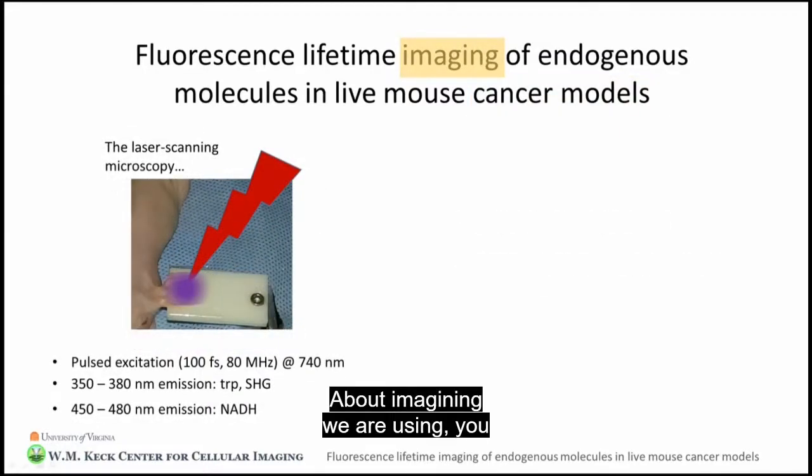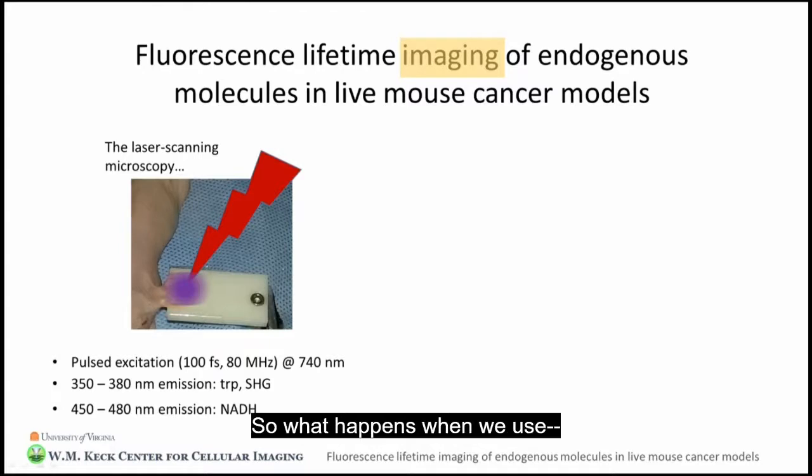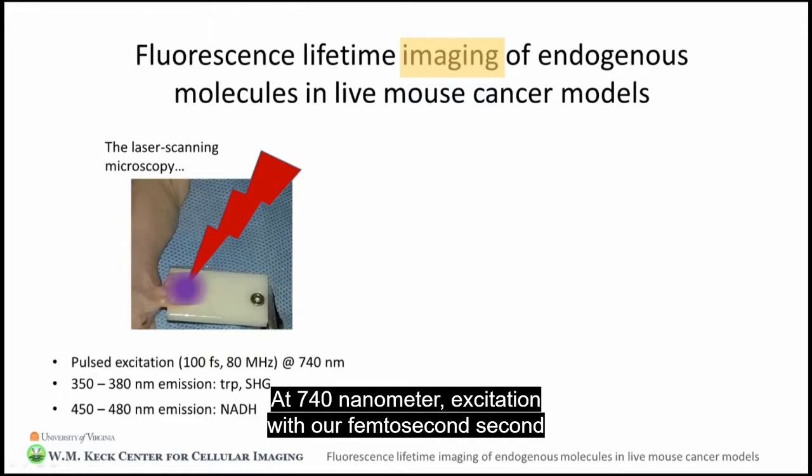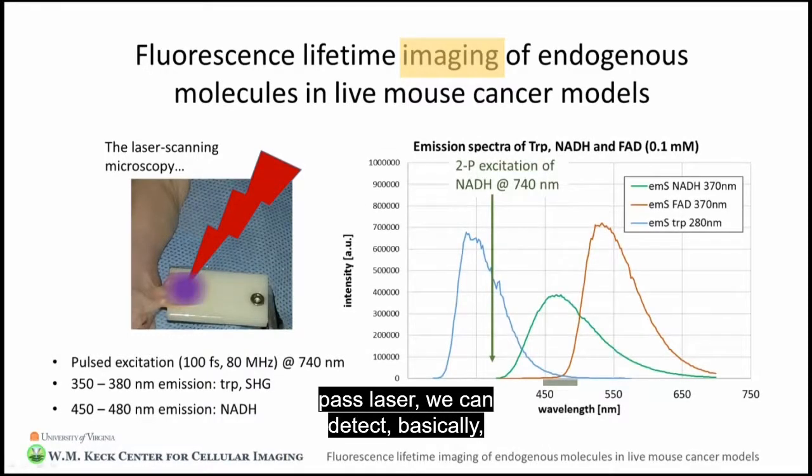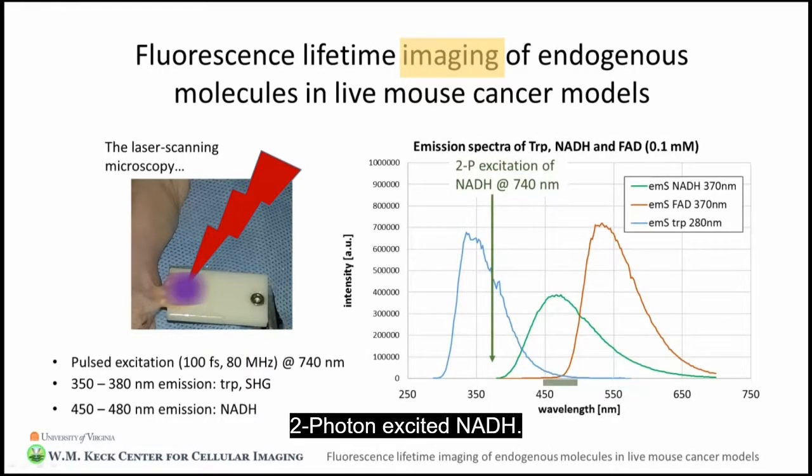About imaging, you have heard some details about the optical setup that we are using. It's a laser scanning microscope, multiphoton, or second harmonic, or whatever you want to do. At 740 nanometer excitation with our femtosecond pulsed laser, we can detect basically two-photon excited NADH.